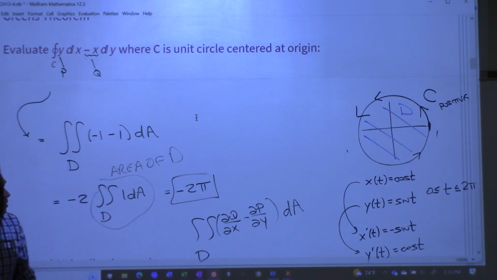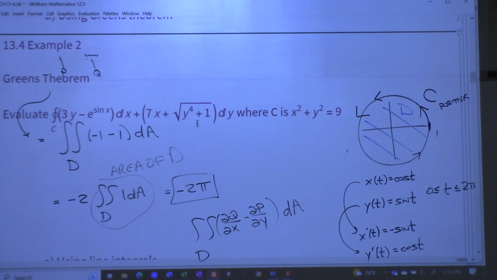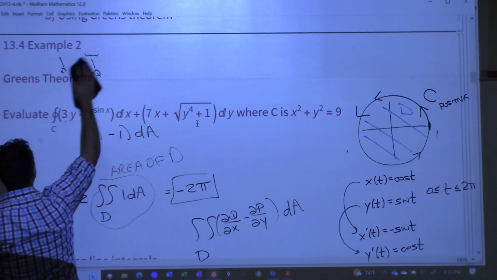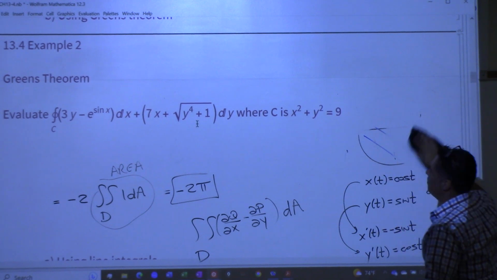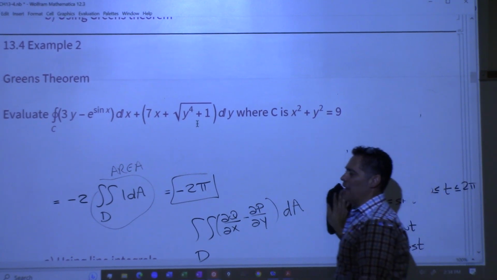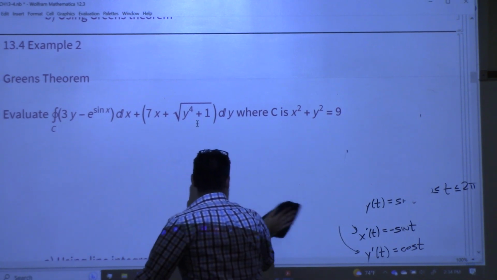So we'll do more. Oh yeah, let's do this. This one's so easy. We can do this in the 7 minutes we have. Look at this disaster of a line integral. This is just a problem to illustrate that you don't want to be doing things with blinders on, right?